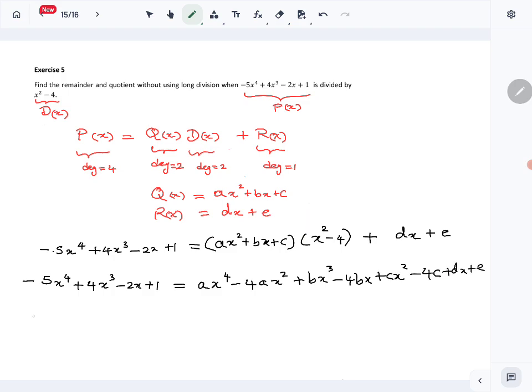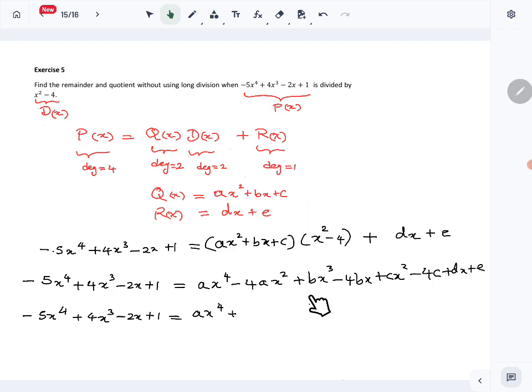Now combine like terms and let's compare the terms and get the answer, right? Ax to the 4, then bx cubed, then you have c minus 4a x squared. There are two x squared terms, those two. Then before x squared I have to write x cubed, no?